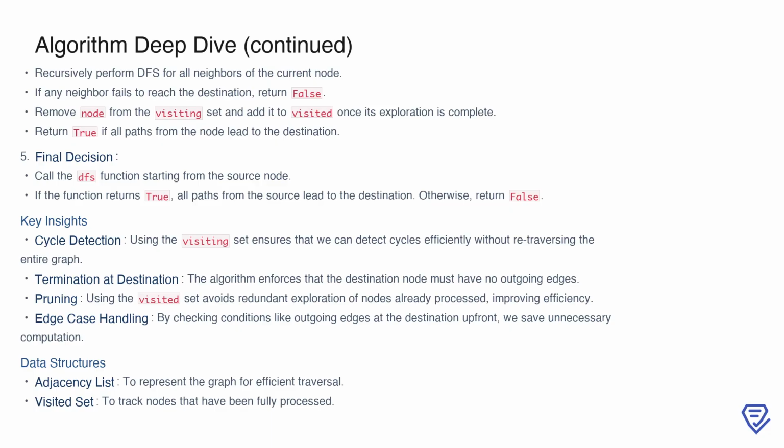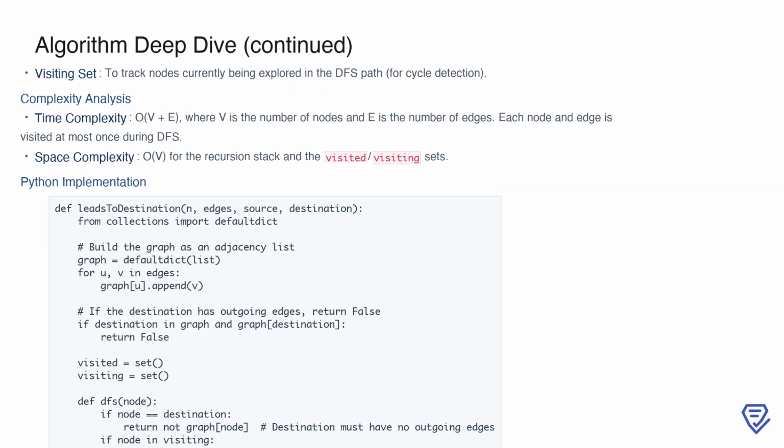At the end of the traversal, we call the DFS function starting from the source node. If it returns true, we can conclude that all paths from the source lead to the destination. Otherwise, we return false. This algorithm has several key insights that make it efficient and reliable. By using the visiting set, we can detect cycles without needing to re-explore the entire graph, ensuring that cycles are identified immediately.